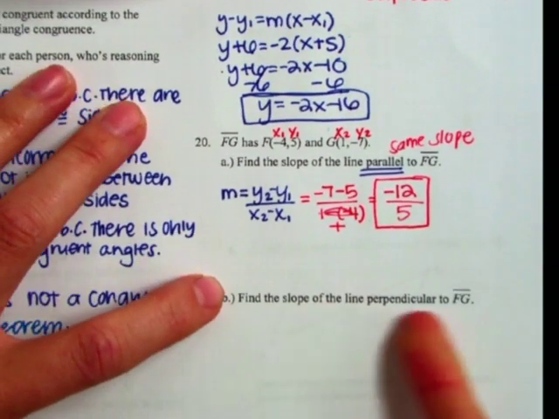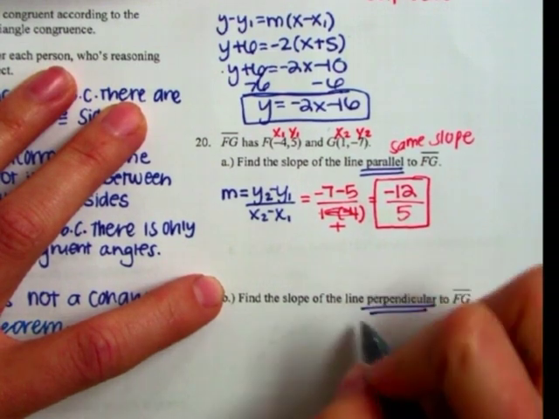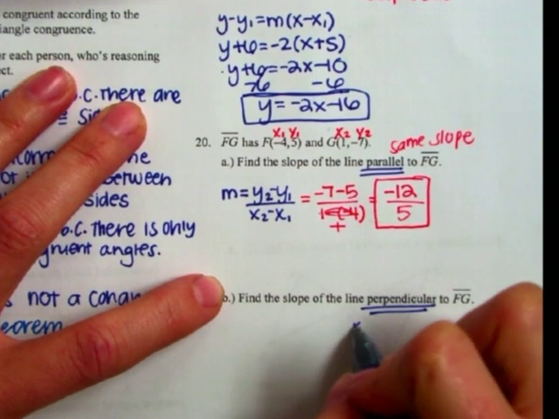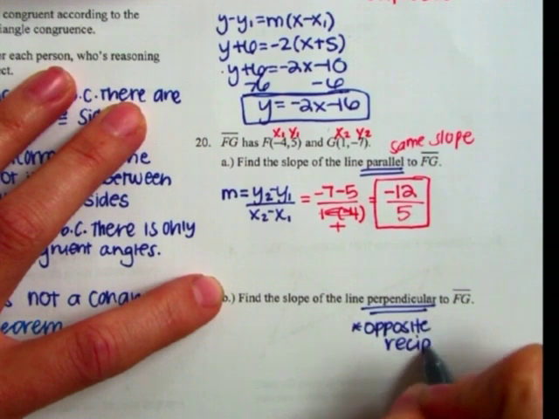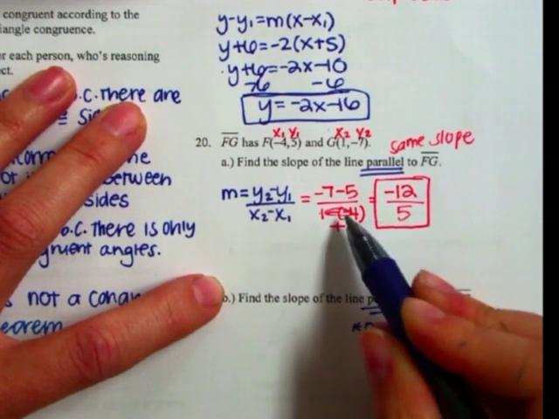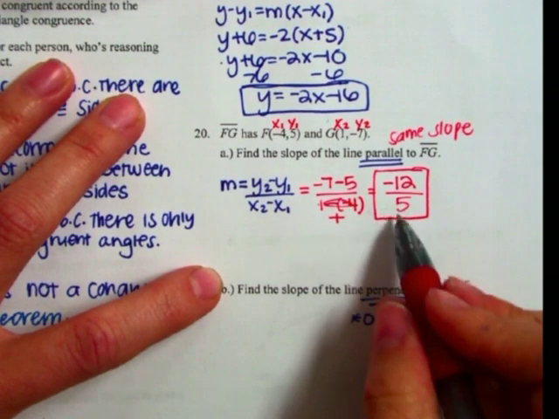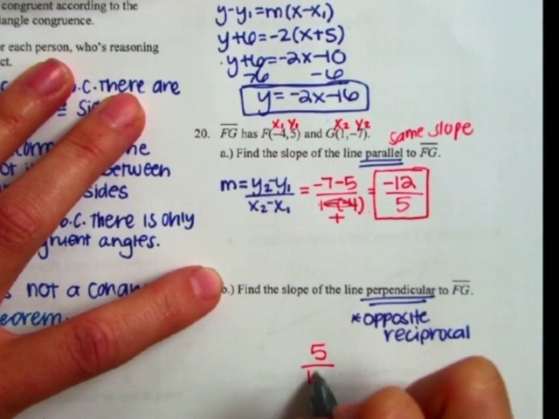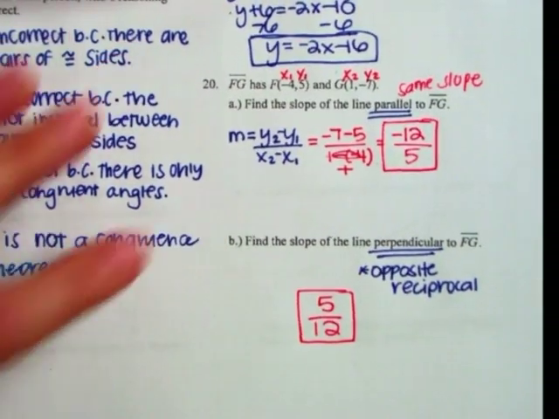Then we want the slope of the line perpendicular, where perpendicular again means the slopes are opposite reciprocals. So I'm looking at the slope that I calculated here, and I'm going to change the sign and flip the fraction. So we get positive 5 over 12 for the slope of the perpendicular line.